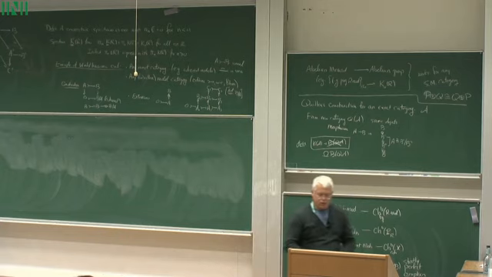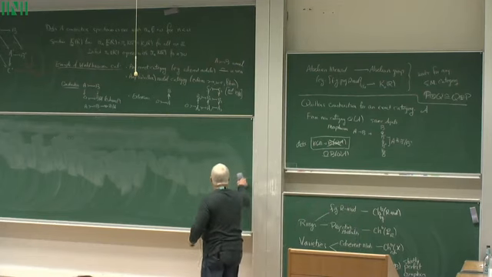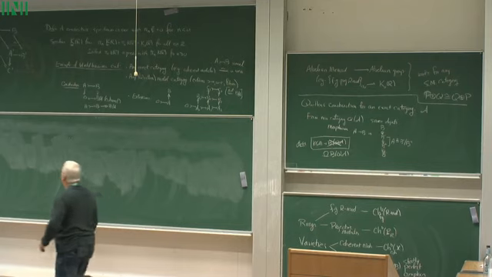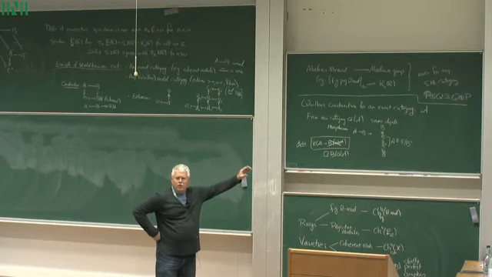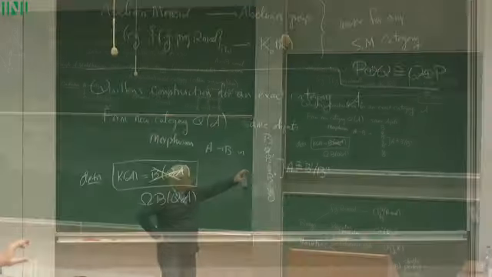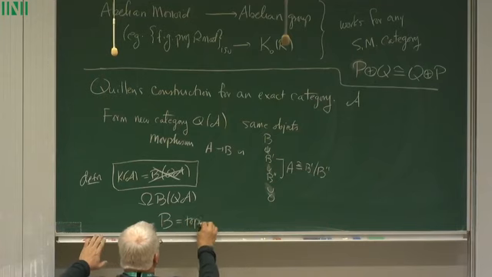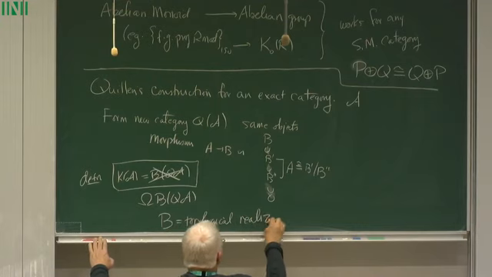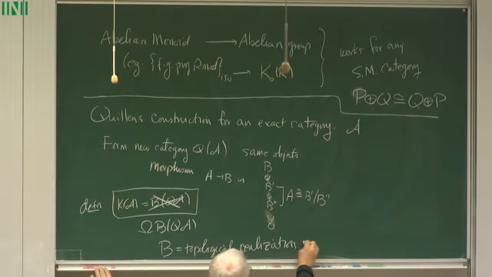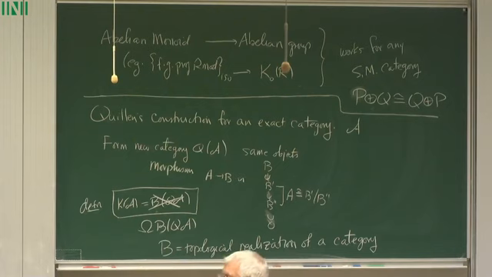Now, the point of showing you this explicit definition of the Q construction is that what you're doing is constructing a new category and taking the topological realization of that. That B means the topological realization.